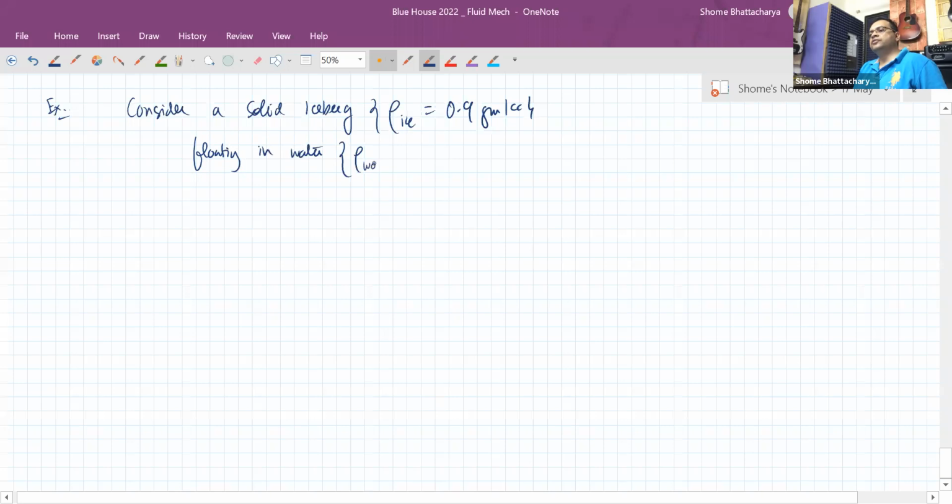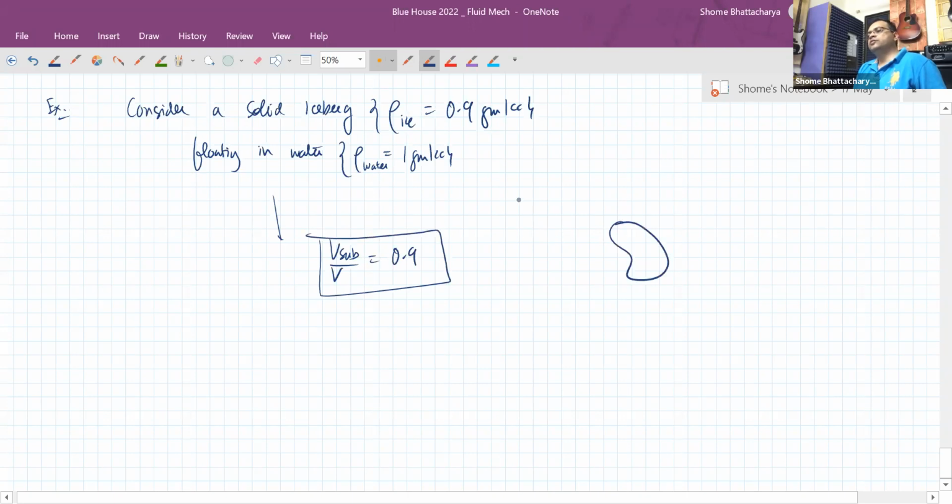So we are taking a different situation. Sea water is basically salt solution, it's saline, so it has a different density. But here we'll consider pure water, so it's 1 gram per cc. Okay. So as it floats, the portion of volume submerged with respect to the total volume is actually 0.9. So 90% of the floating iceberg is actually submerged underwater, and what you see above is only 10% of its volume.